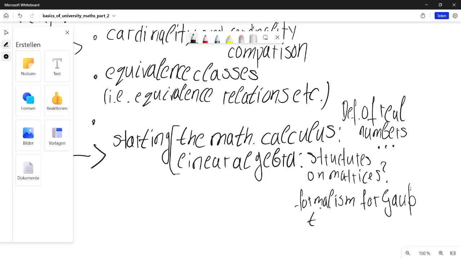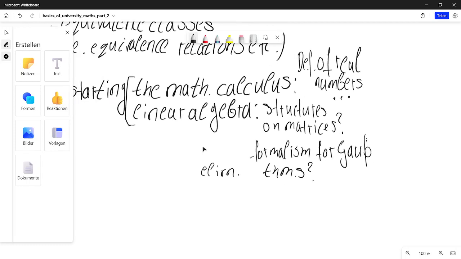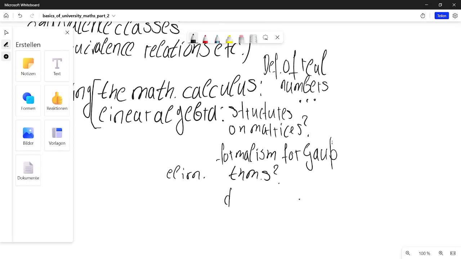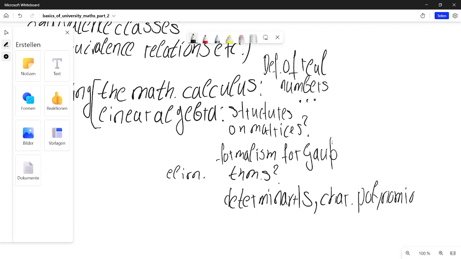Formula, variance, maybe determinants, characteristic polynomials, Hamilton.